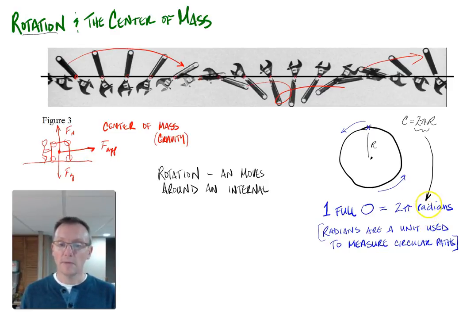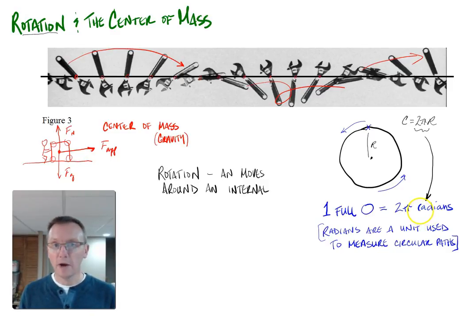We can talk about how many radians you move through, how many radians you move through every second, and how many radians per second your angular speed changes every second. So we can talk about all sorts of crazy things that go along with the change in the amount of the circle that you've moved through. But oftentimes that's discussed in radians and not in degrees. So this is the one unit in which this is okay.